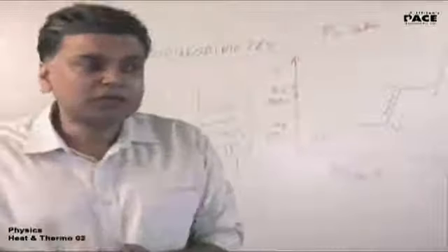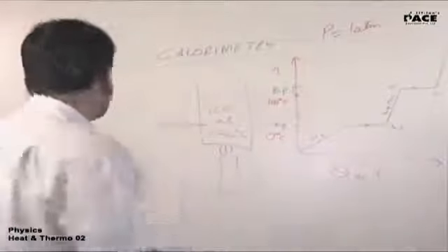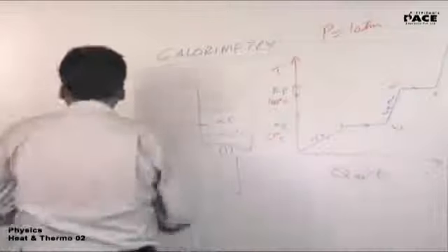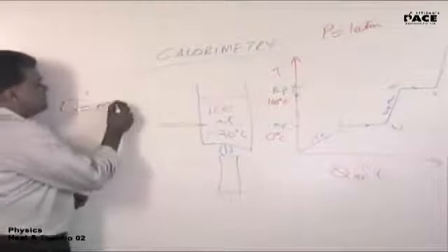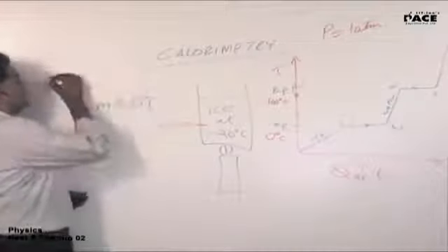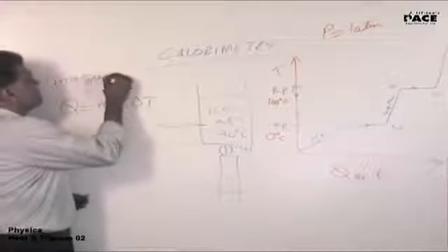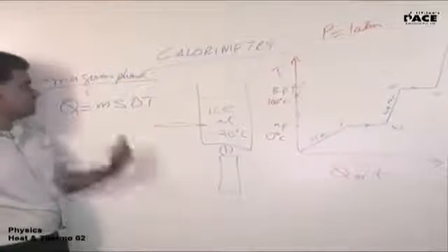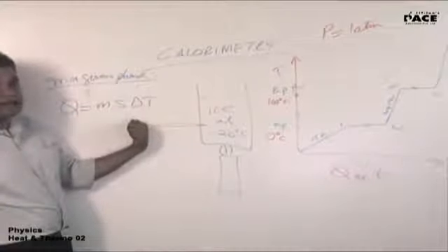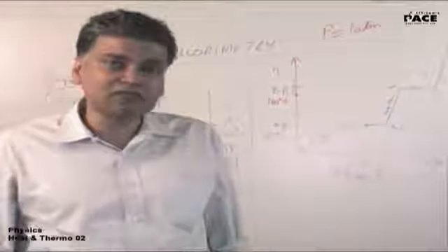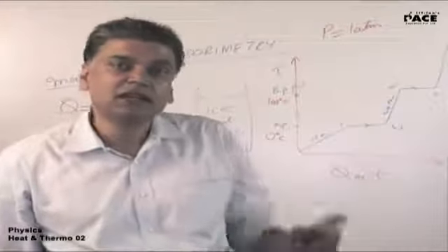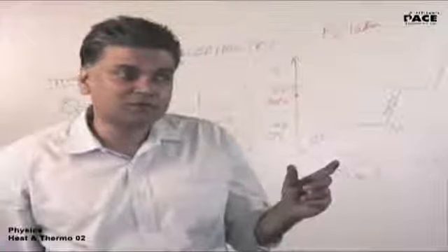Okay? Now, what we say is the heat transfer, we depict it as Q equals m s delta T, in a given phase. Q is quantity of heat, m is the mass, s is the specific heat, delta T is the change in temperature.